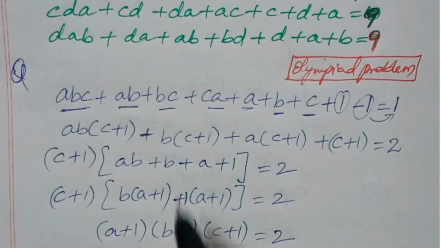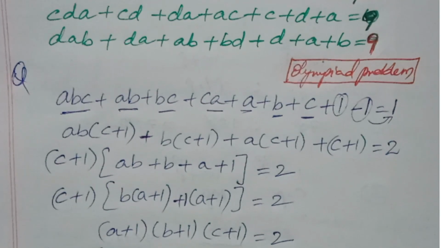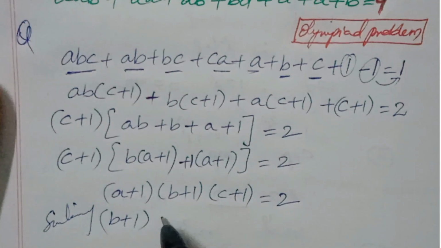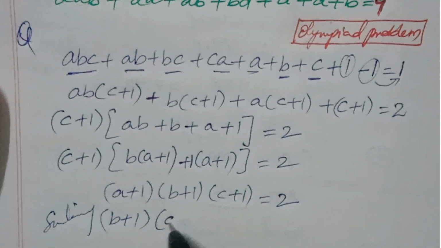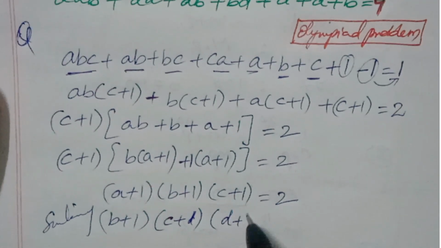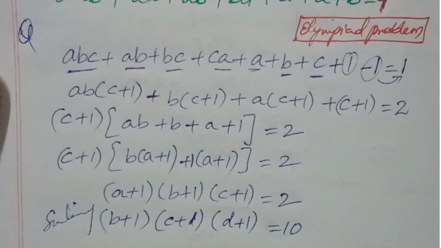Similarly, you can write (b + 1)(c + 1)(d + 1) is equal to 10, adding 1 on both sides.